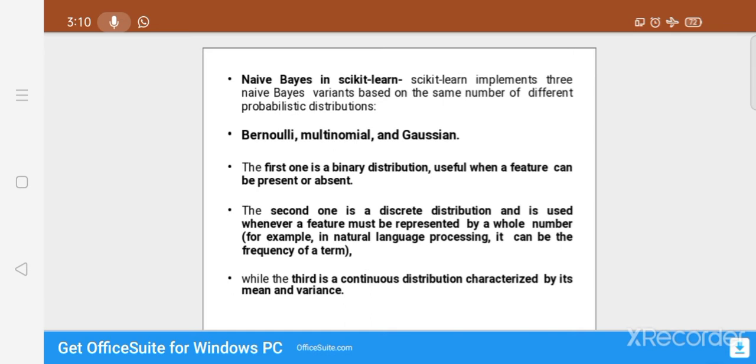For example, in natural language processing, it can be the frequency of a term, meaning how many times a particular word appears in a document. The third one is the continuous distribution, characterized by its mean and variance. We'll see how each can be implemented using scikit-learn, one by one.